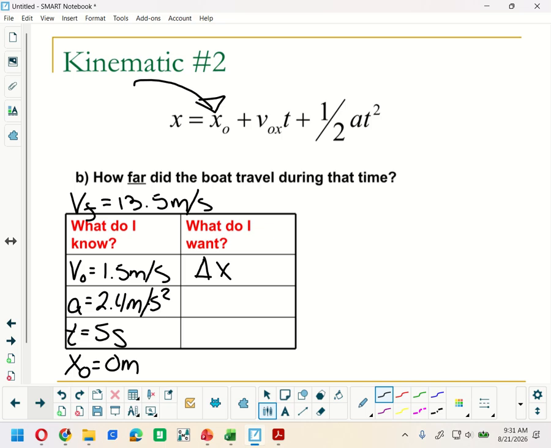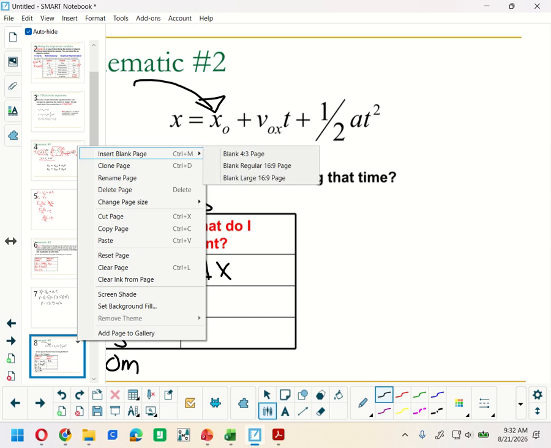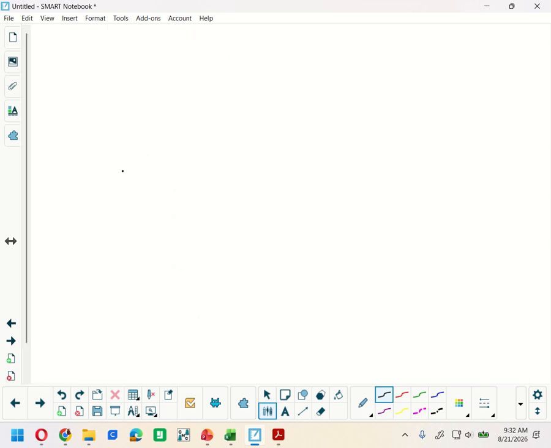So I got the formula right here. There's my formula, and I just need to start plugging in.